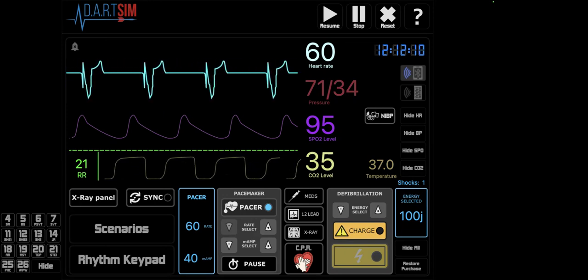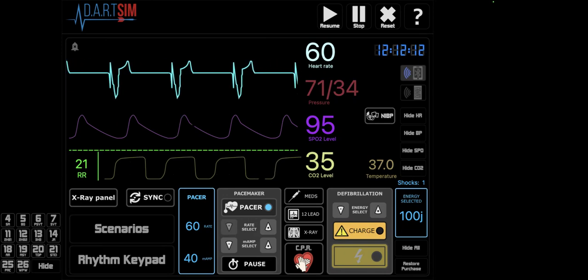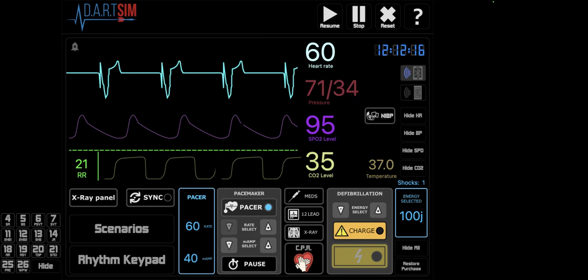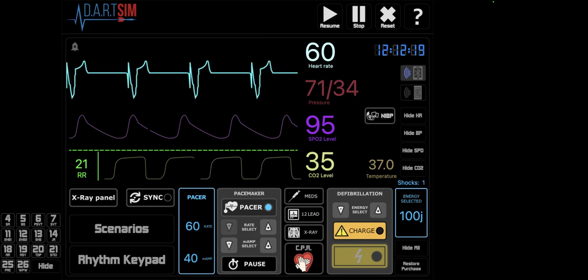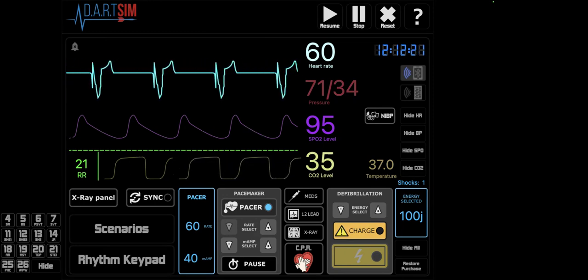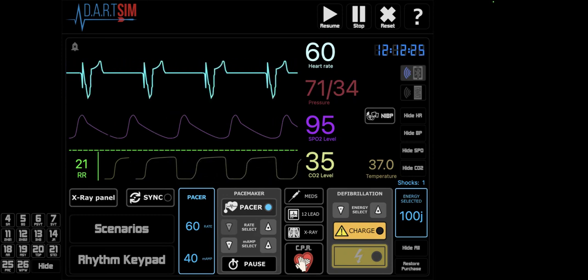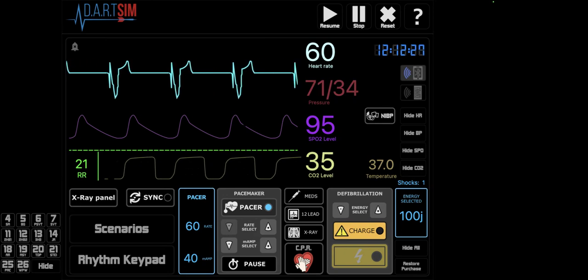And it usually happens, or it does happen, when the atria contract at the end of atrial systole, and it gives a boost of between 20 and 30% to your cardiac output.